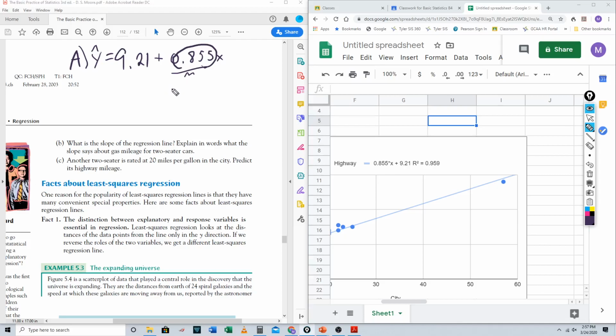And again, that's the slope. So part B, that's your slope. What does it mean?